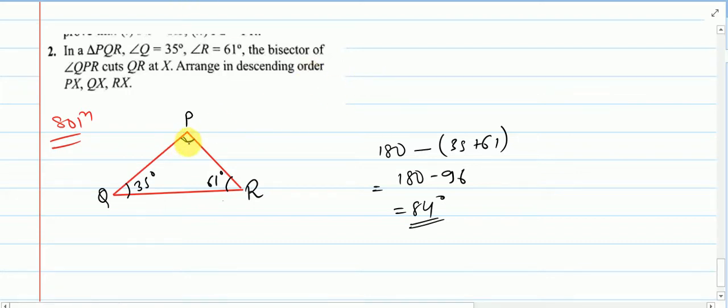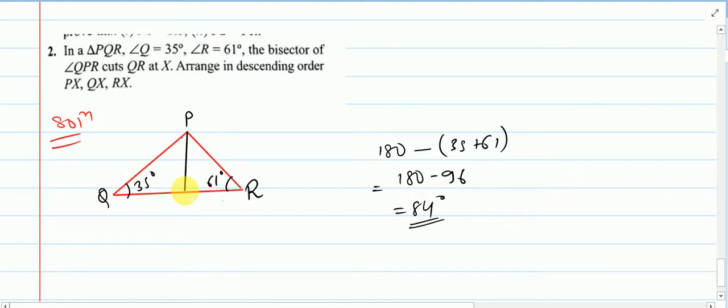So this total angle is 84. Okay, and next it is saying that the bisector of angle QPR, that means this angle is bisected by this. Okay, so let's say bisector of this angle, let me draw over here.